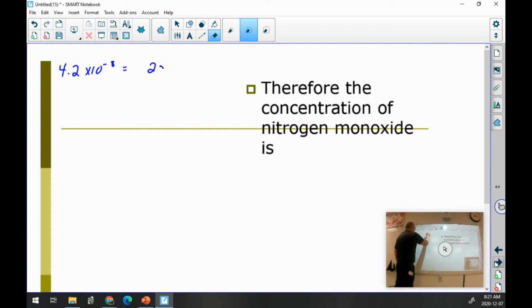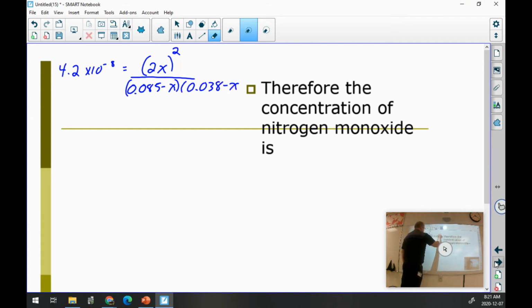We have 2X, which is our concentration of our nitrogen monoxide squared. We have 0.085 minus X times 0.038 minus X. Now, here is where the approximation comes in. Because this Kc is so small, that means this X is going to be small.